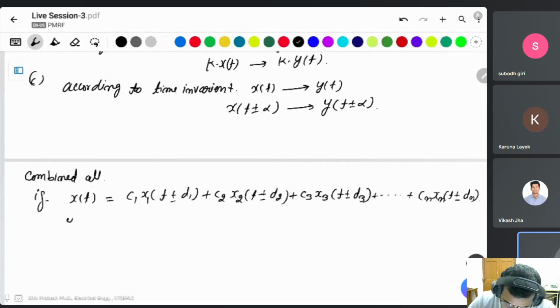And the output is related to those inputs. If the scaling is c1, then the output is also scaled by c1, y1, and the delay is also the same.